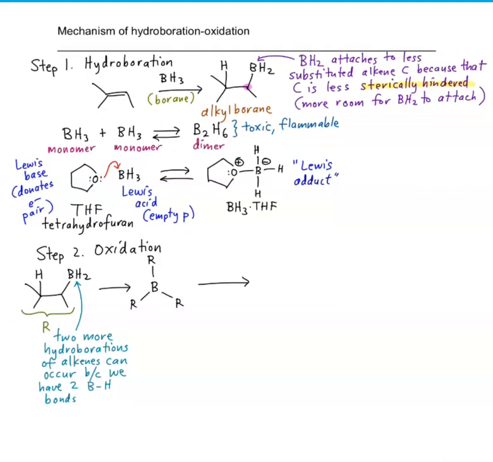In the oxidation step, remember you're using hydroxide and hydrogen peroxide. So what happens between those two in the background is an acid-base reaction. So the hydroxide accepts a proton from peroxide.